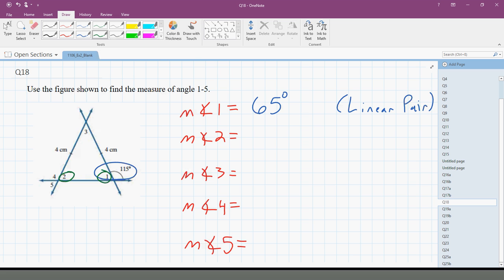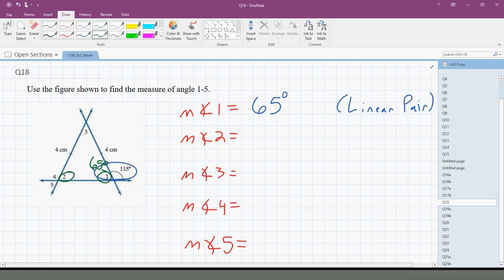No, sorry, 115 minus 65. No. Angle 1 we know is 65 degrees, right? Angle 2, I want to know what it's going to be. We know angle 1 is 65 degrees. So what's the relationship between 1 and 2?